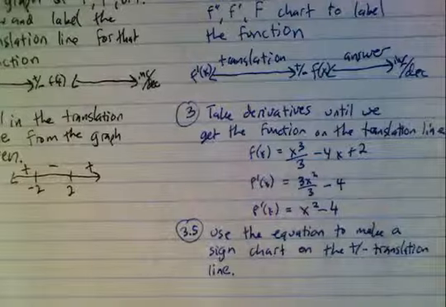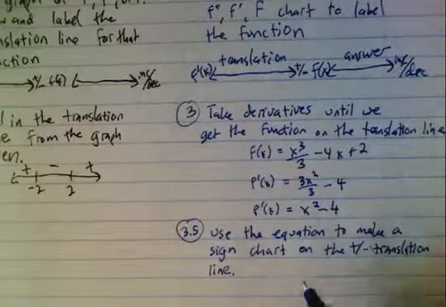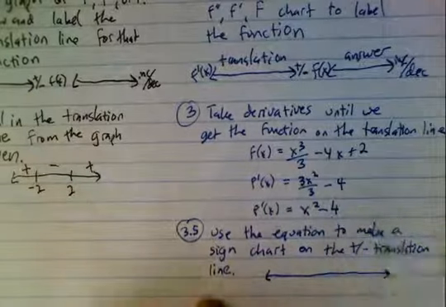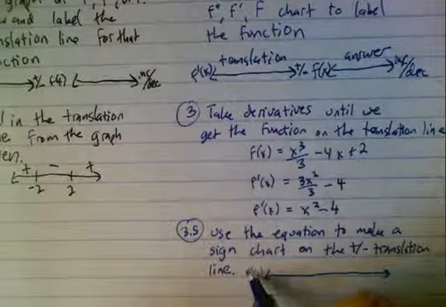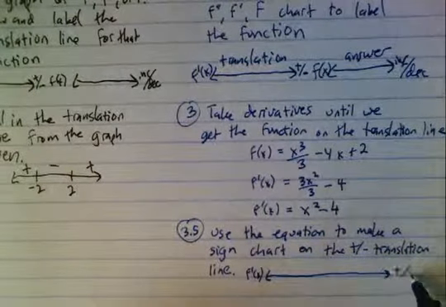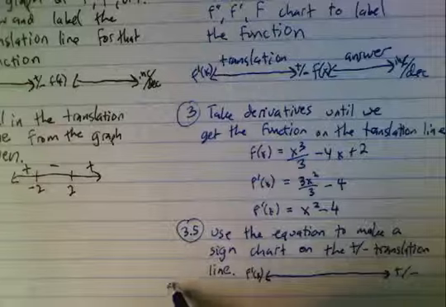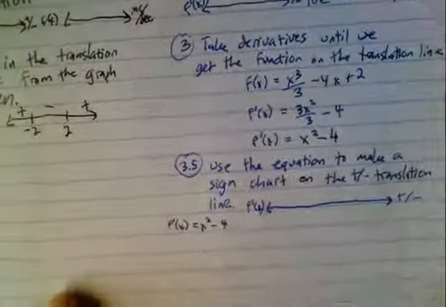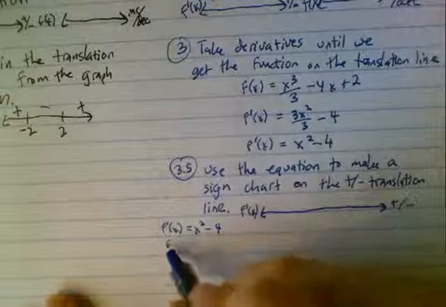So this is why we had to do a plus minus line, because that's what we know how to do with the sign charts. So we've got this f prime of x. This can be factored.